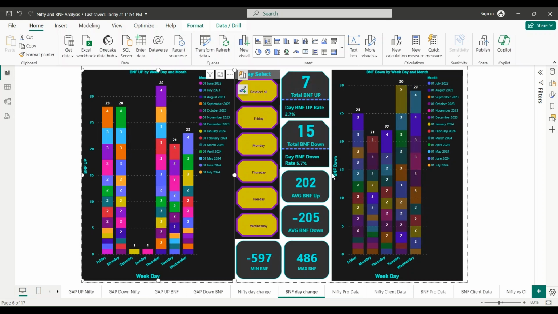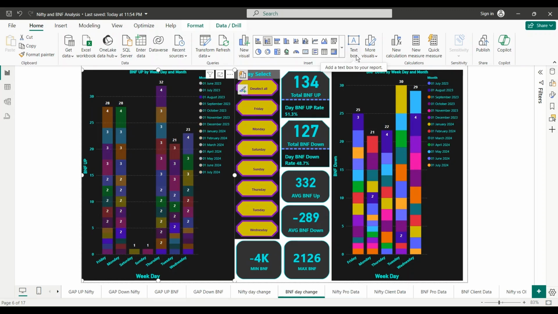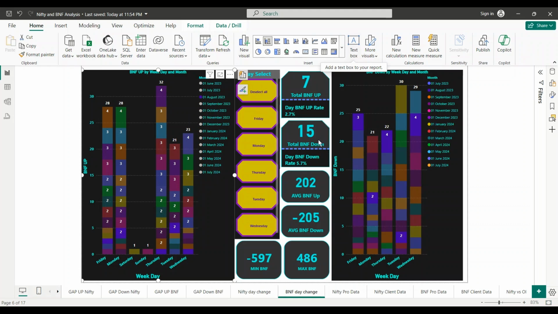So 7 up, 15 down. Bank Nifty August is negative. More, almost double. You can trade accordingly.